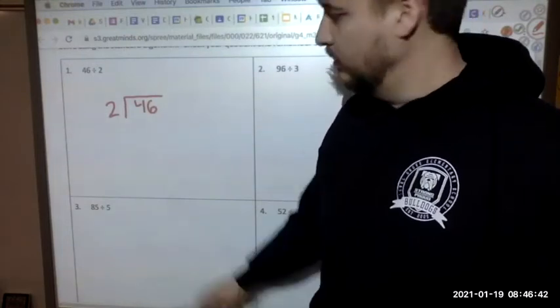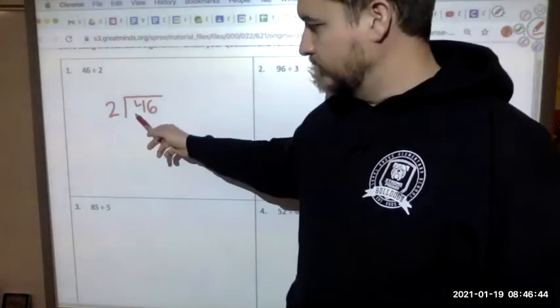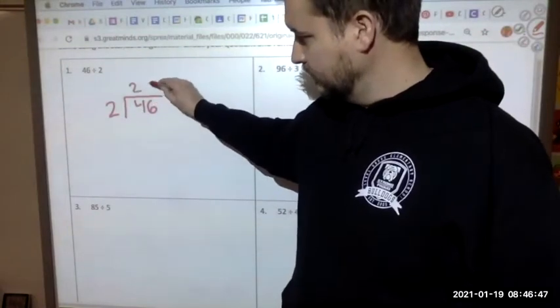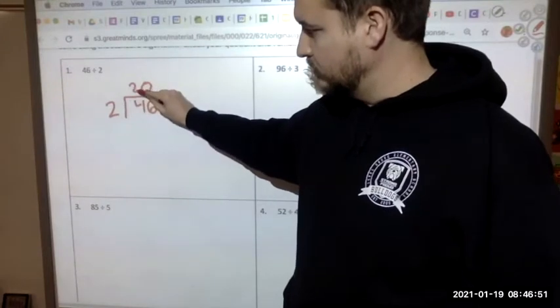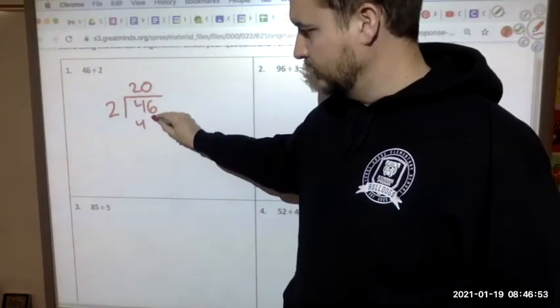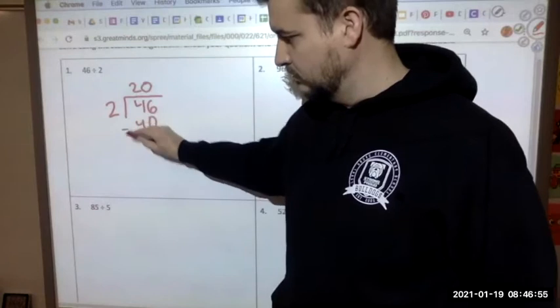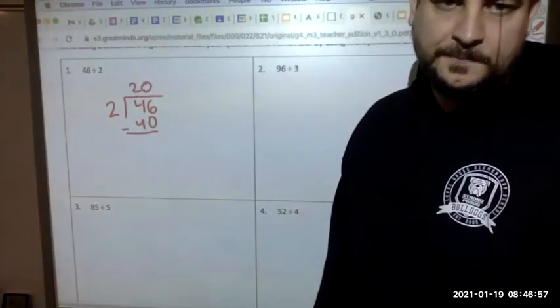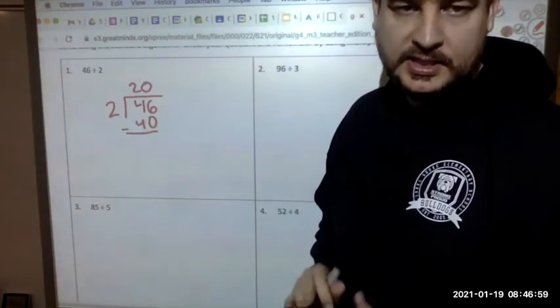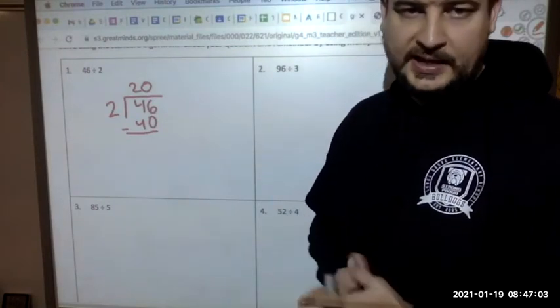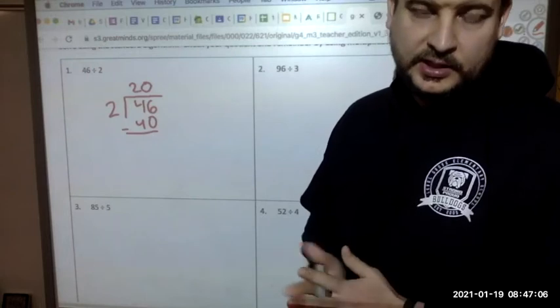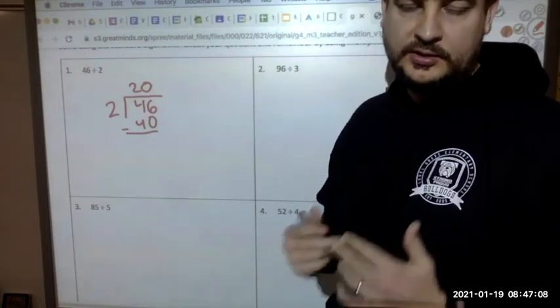Okay, so I know that 2 can go into 40. That would be 20 times. 2 times 20 would equal 40. That's really close. You're trying to get as close to that number as possible. Let's say you don't know numbers that high, like 20 is kind of scary for you. You can do other numbers like 10.